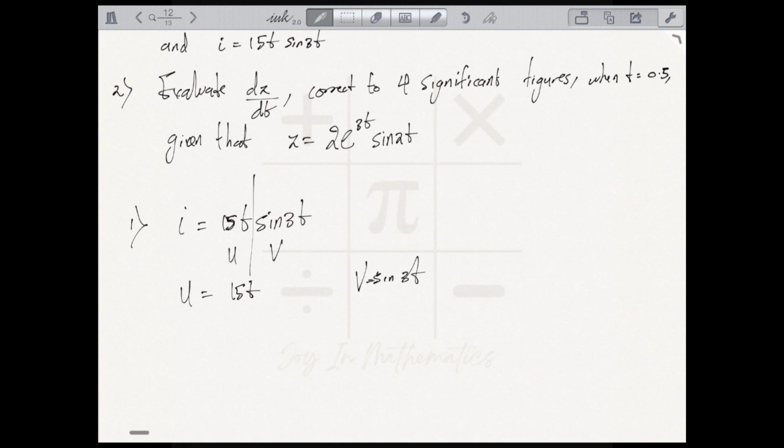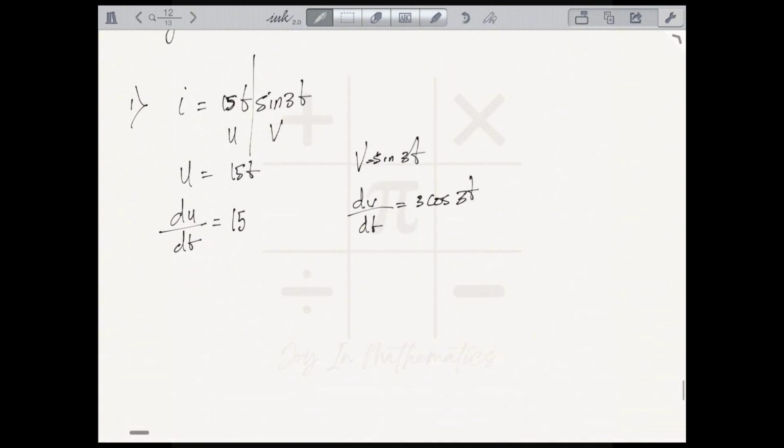Since we have the variable t, we are no longer considering du/dx, but now we'll be considering du/dt and dv/dt. du/dt of 15t is 15, and dv/dt, applying the sine rule, is 3 cos 3t.